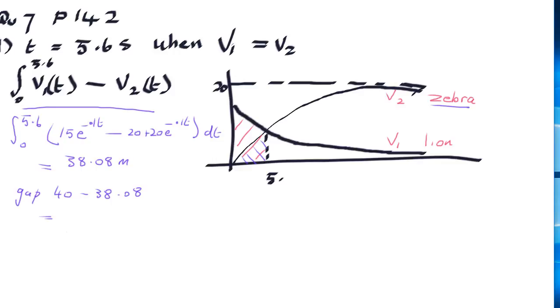So the lion does not catch the zebra, misses by 1. Okay, so the zebra starts drawing away after the velocities are equal, but only 2 metres apart. It was pretty close.